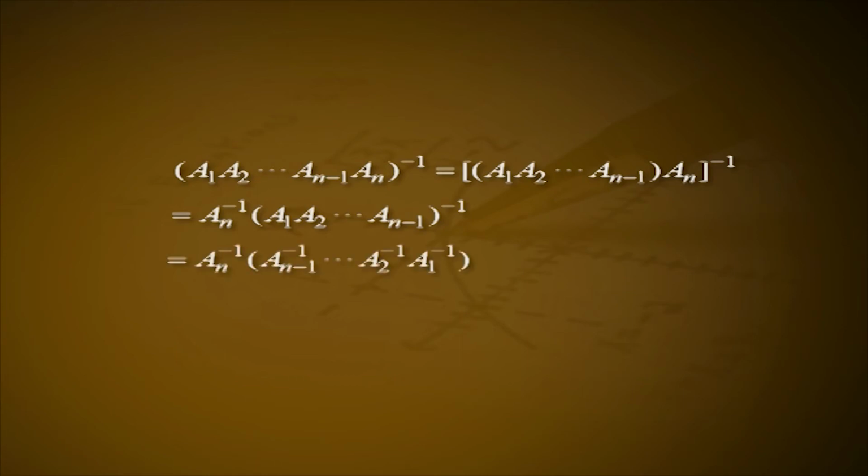Proof: by induction on n and using theorem 7, we have A1 A2 etc. An minus 1 An all inverse is equal to A1 A2 etc. An minus 1 into An all inverse, which is equal to An inverse into A1 A2 etc. An minus 1 all inverse, which is equal to An inverse into An minus 1 inverse etc. A2 inverse into A1 inverse.